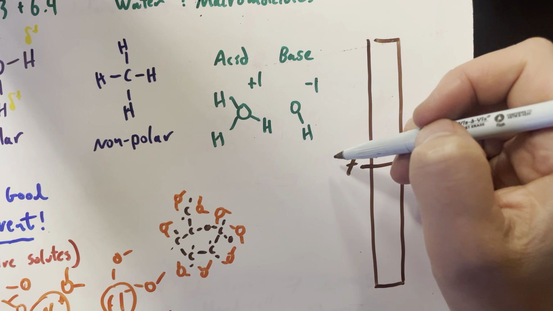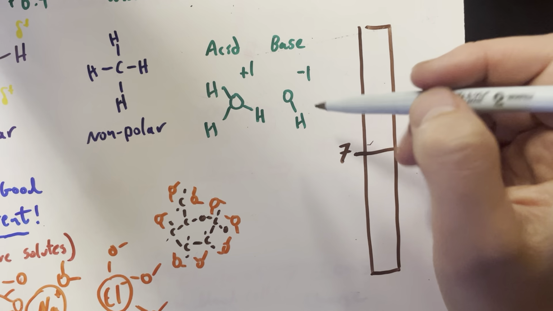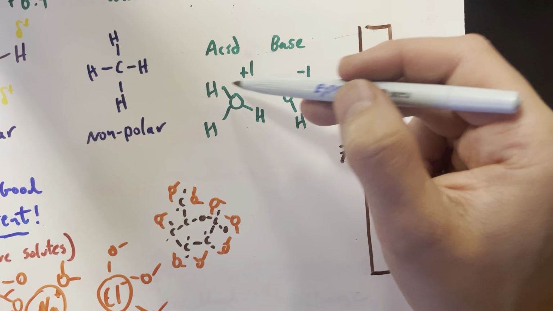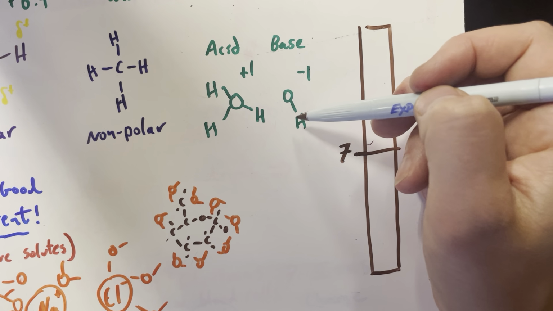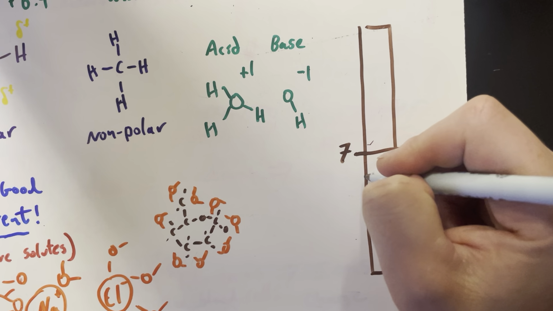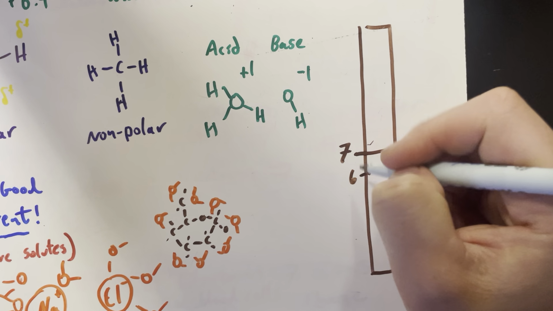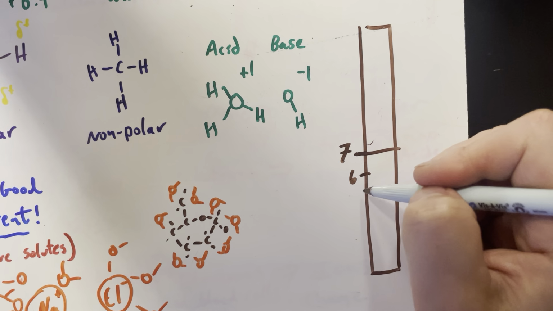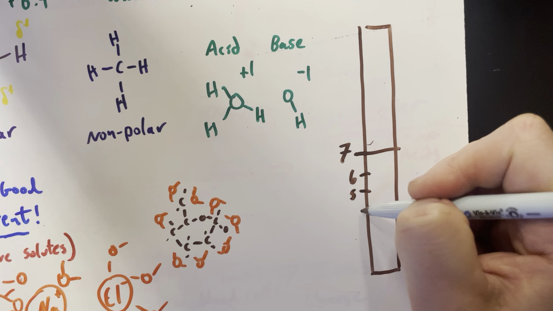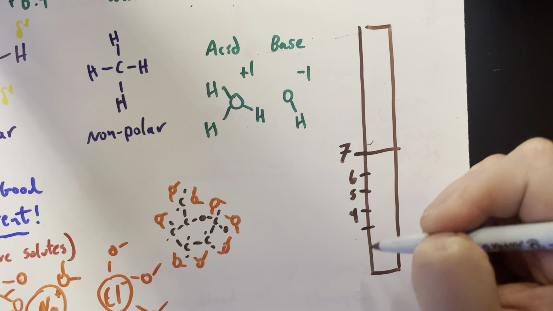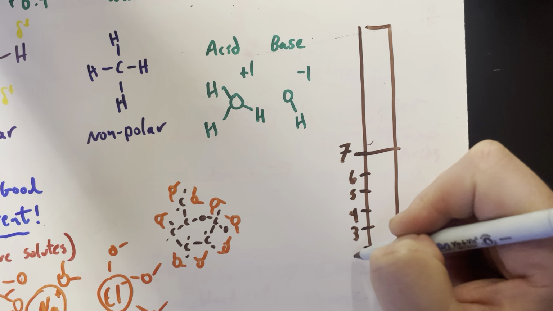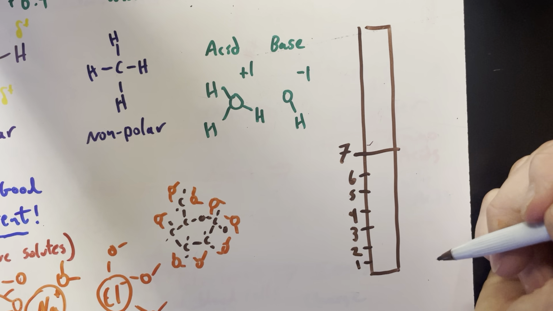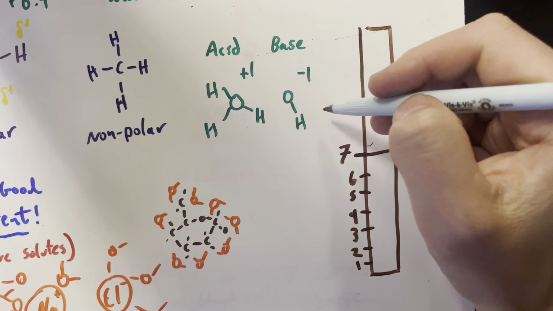If you have some sort of substance that has 10 times the amount of acid in it than water, we're going to put that here on the scale as 6. If it's 100 times stronger than water, we're going to put it as 5. If it's 1,000 times, we'll put it as 4. If it's 10,000 times, we'll put it as 3. 100,000 times, 2. If it's 1,000,000 times stronger than water, we're going to put it as a 1.